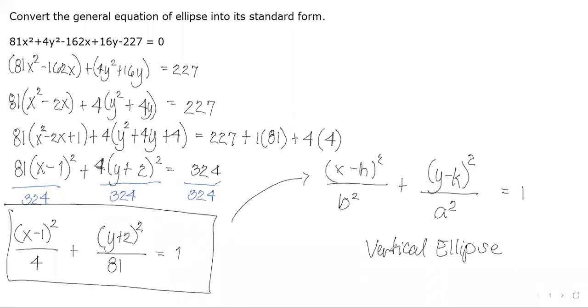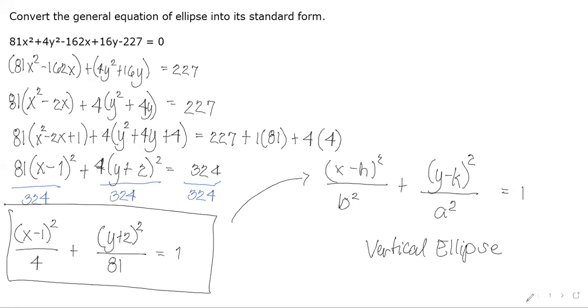Ulitin natin. (x minus 1) squared over 4 plus (y plus 2) squared over 81, that is equal to 1. Tama ba?